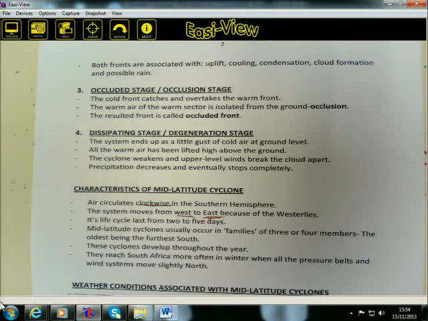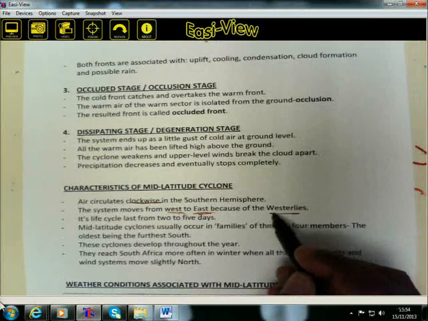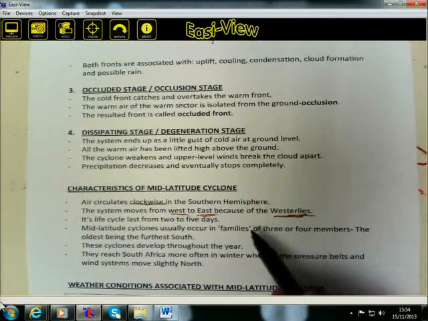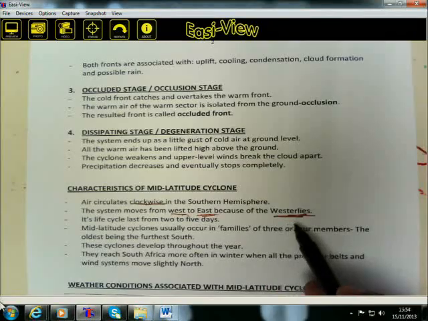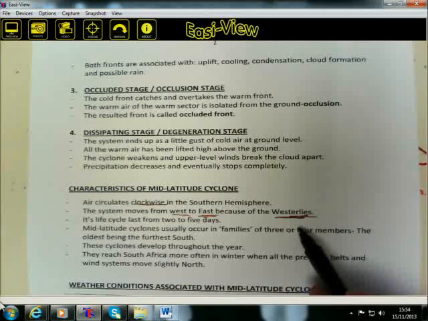Remember that the westerlies are the air that moves from west to east. So it is the westerlies, these winds, that push the mid-latitude cyclones to move from west to east.